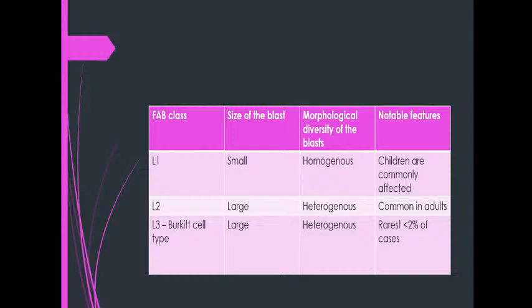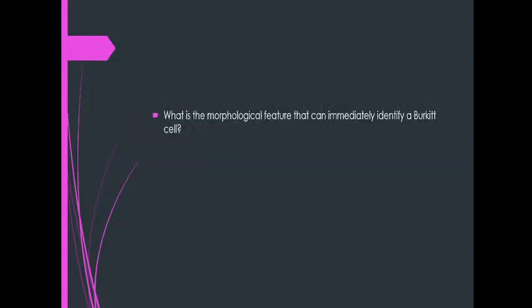The blast cells appear to have the same appearance, with a few cells varying from the rest. Given the following description, what is the FAB classification of the patient? Something like that.